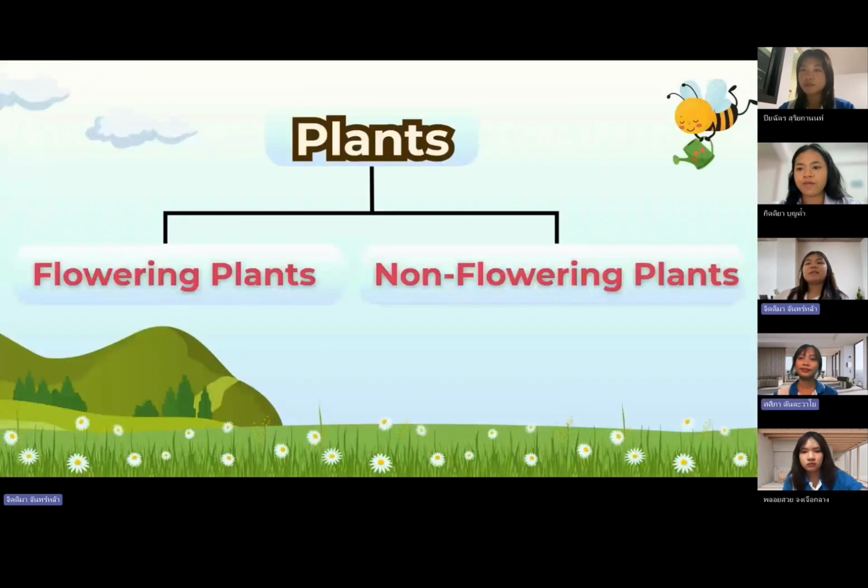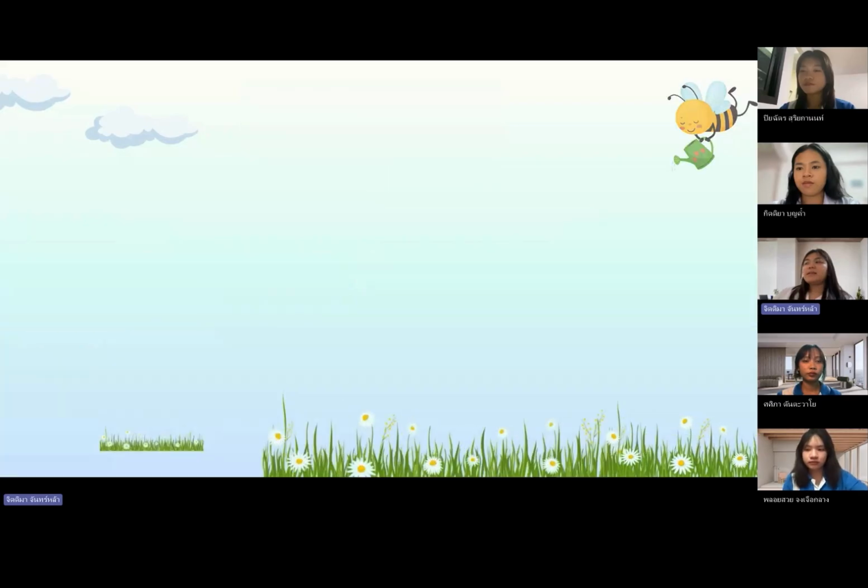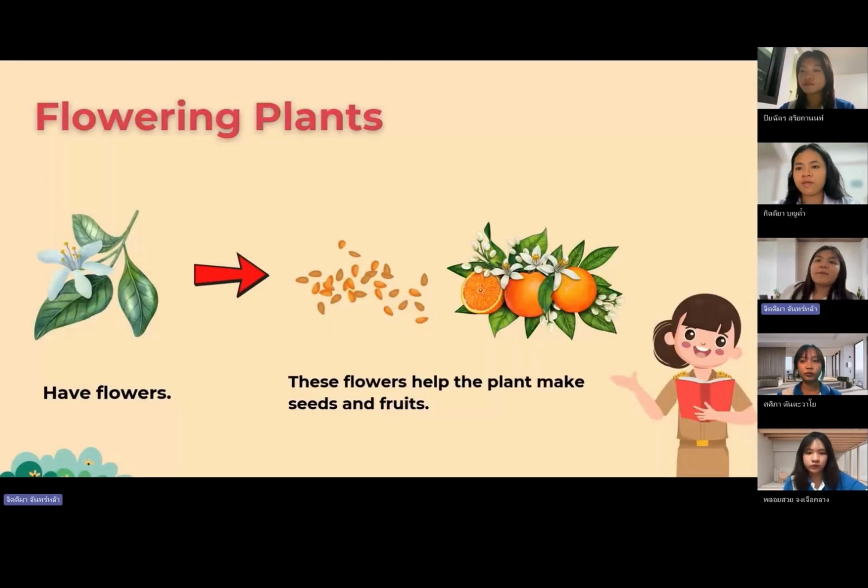Now, let's learn how scientists classify them. Plants can be divided into two groups, flowering plants and non-flowering plants. Let's see. Flowering plants have flowers. The flower helps the plant make seeds and fruit.